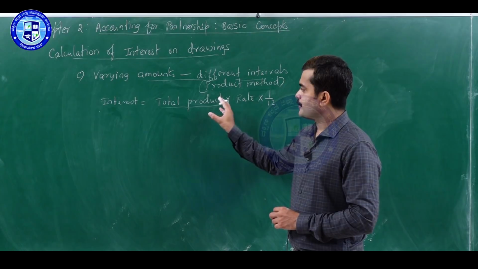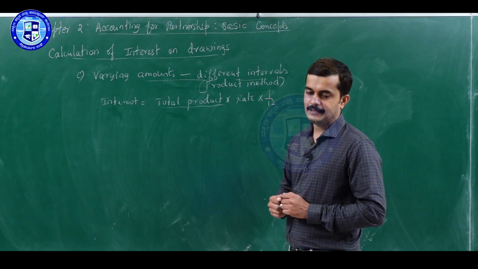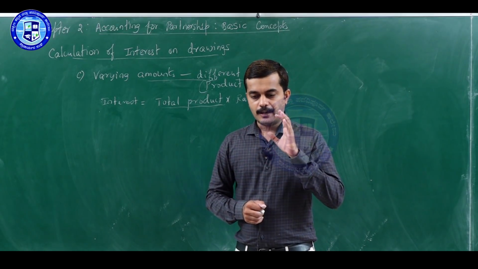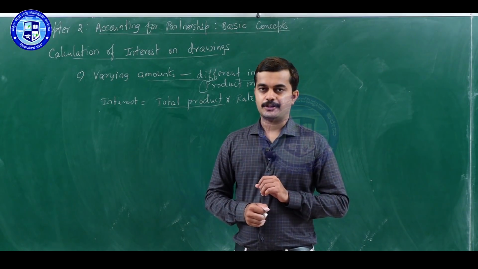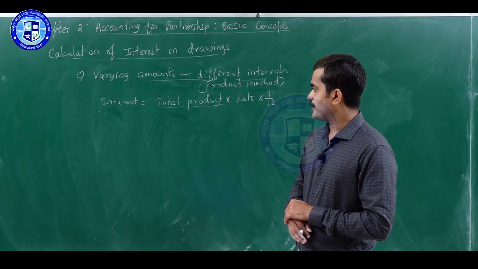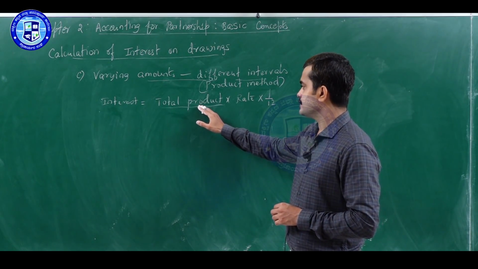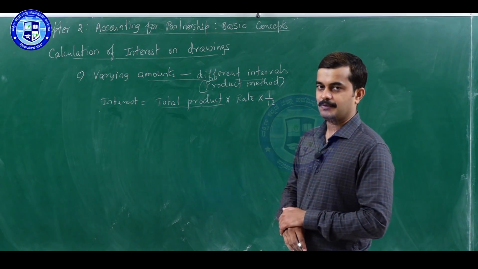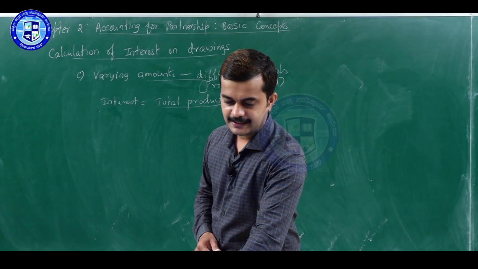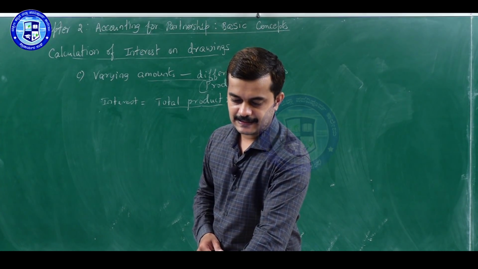We have to calculate total product using a formula, that is amount of withdrawal into period outstanding for that withdrawal. After calculating that, we have to add the products to find out the total product, and then we can apply this formula. Let us look at one example to understand this situation easily.